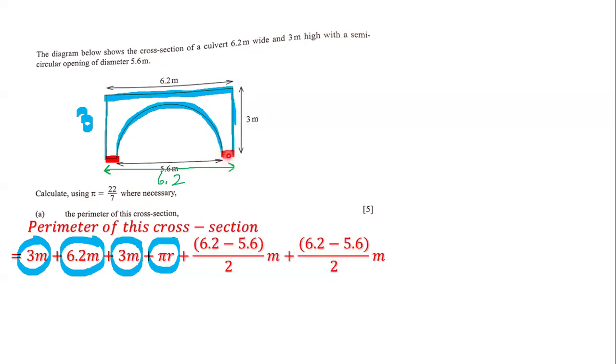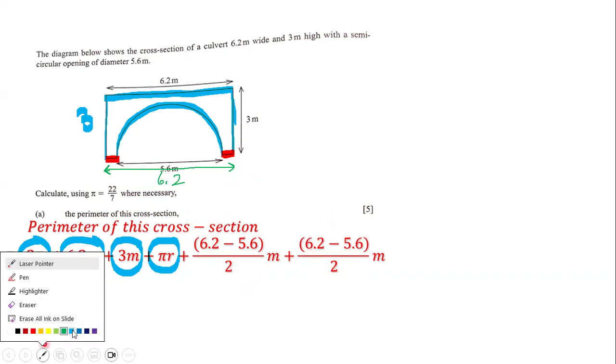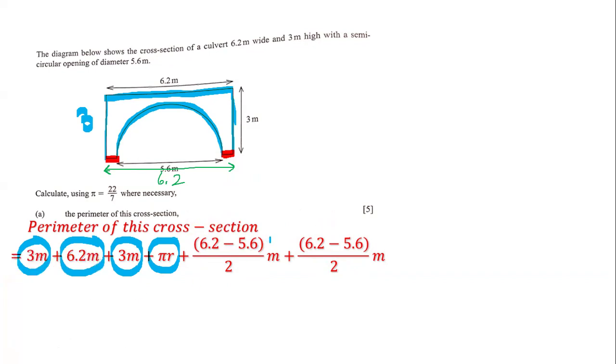And so that means that this particular expression accounts for this red portion, and this particular expression accounts for this red portion. So we have that this is accounted for, and this is also accounted for.